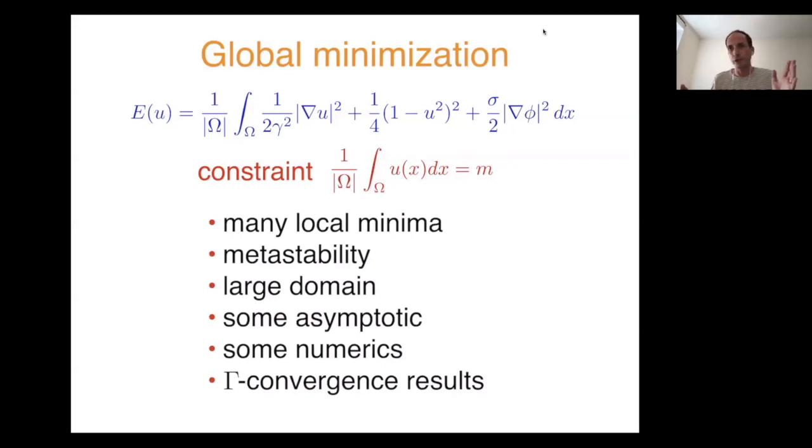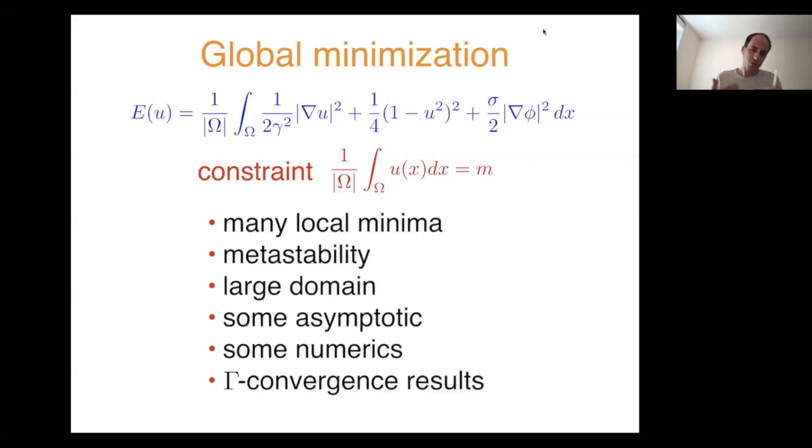There are also parameter values where there's nothing interesting, where you can find the global minimizer and it is just u equals a constant everywhere. Once you have found that, then of course you say this is not the case you're very interested in. But for the case where there are patterns, there are often many local minimizers. So it already indicates it will be hard to find the global minimizer.